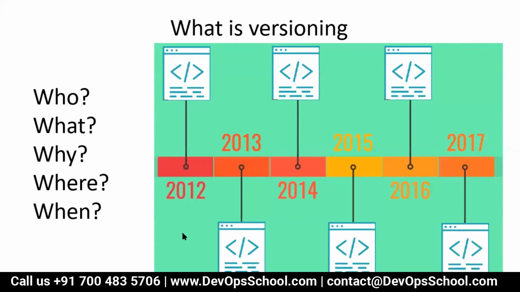Okay. So now what problem are we trying to solve here? Remember, when we are in the SDLC cycle, when we do software development, we write lots of code in different programming languages. When we say write code, in a simple way, it can be any file like C code, C++ code, Java code, PHP, Python, Perl, or MySQL.